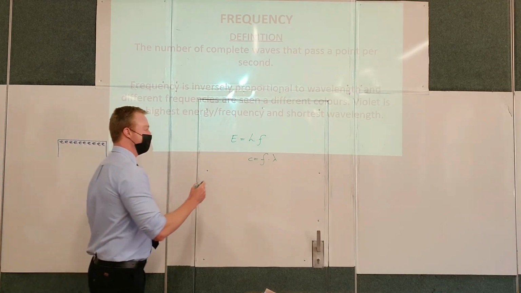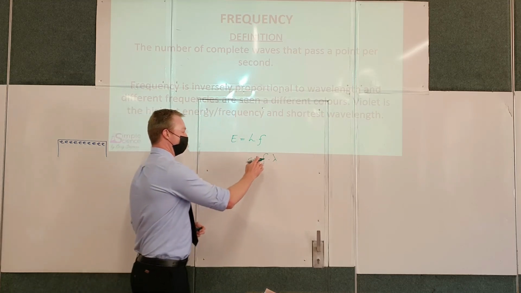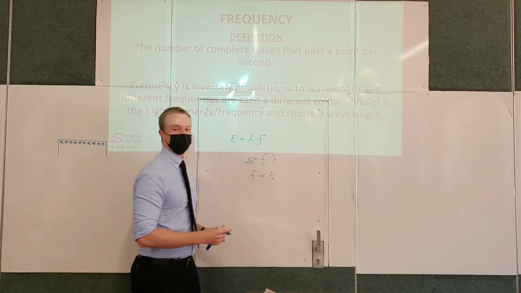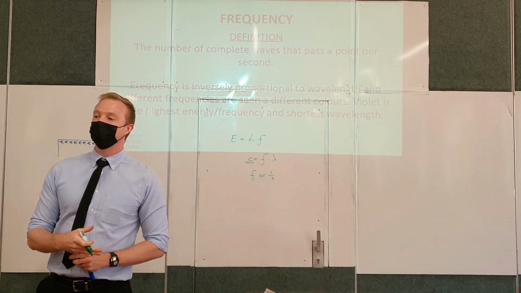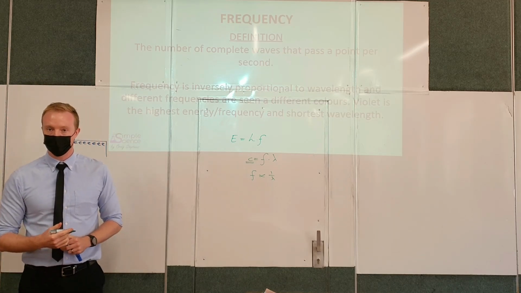Now, because the speed is constant, that means that the frequency and the wavelength are inversely proportional to each other. What that means is that when the frequency of light increases, its wavelength decreases.